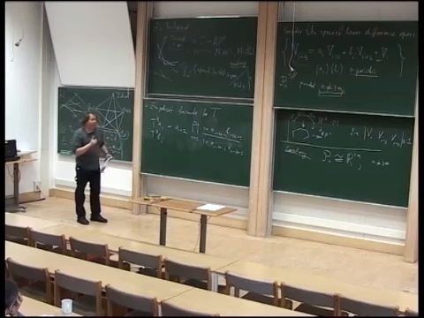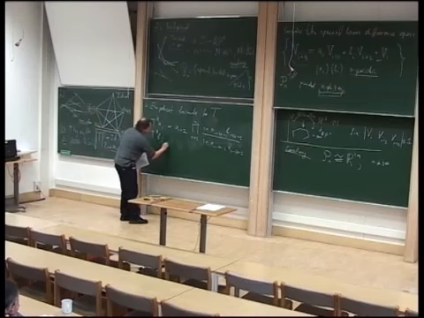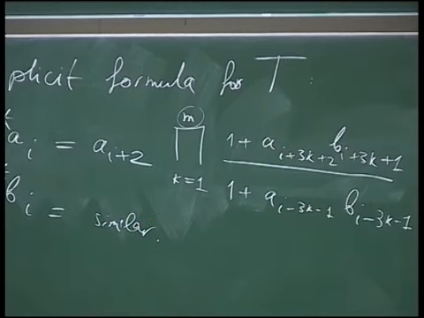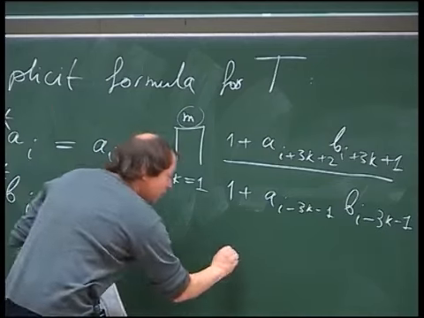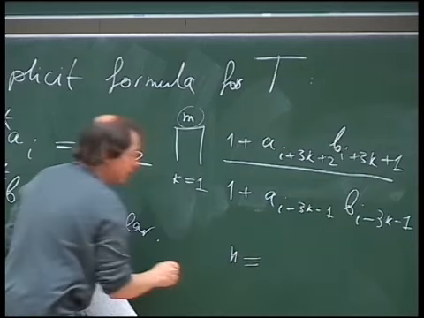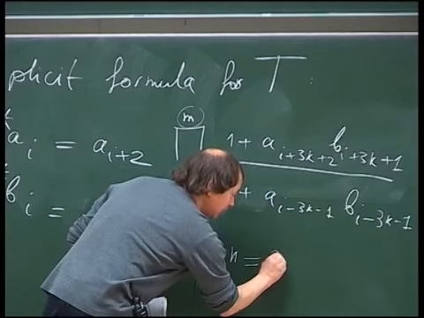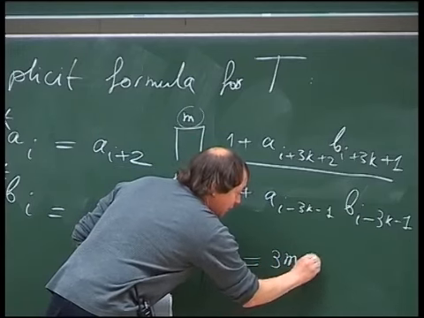This formula, and a similar one for B, is true if n, our number of vertices, is equal to 3m plus 1 or 3m plus 2.